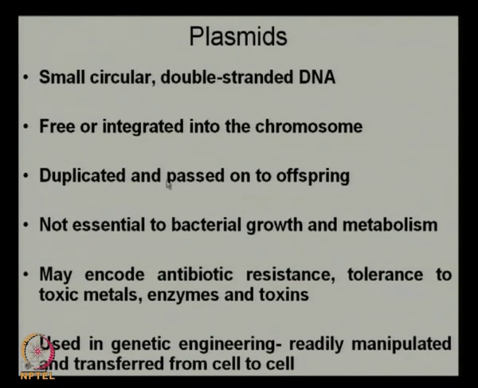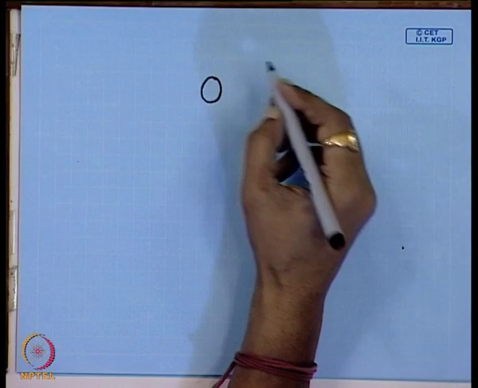It can be duplicated and passed on to the offspring. It is not essential to bacterial growth and metabolism. It may encode antibiotic resistance, tolerance, toxic material, enzymes and toxins. It is used in genetic engineering.